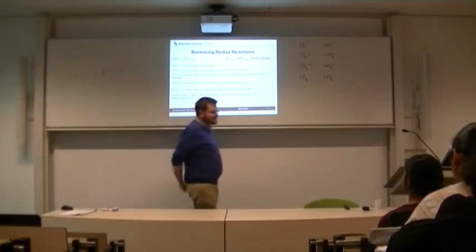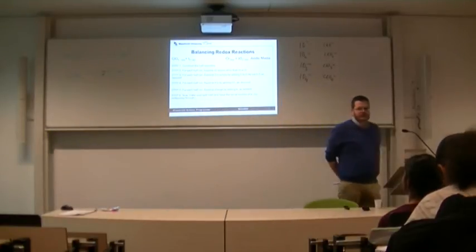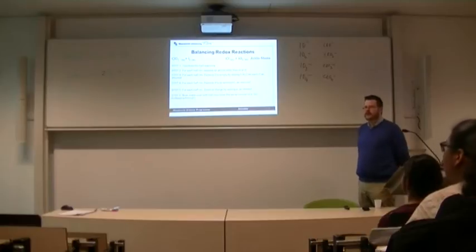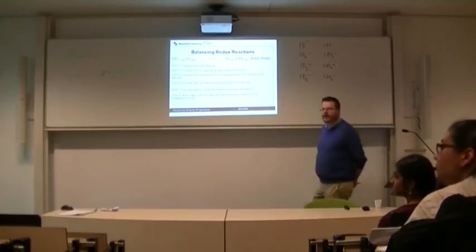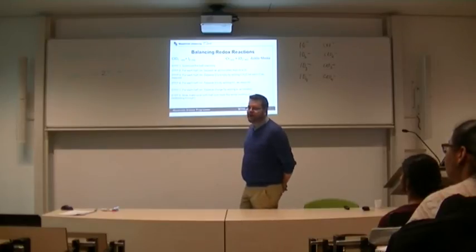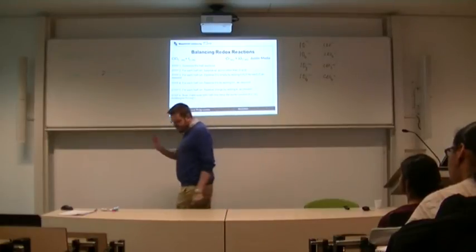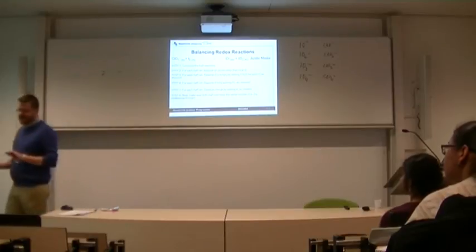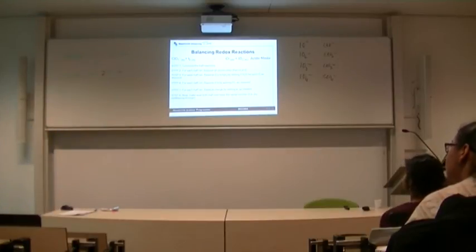All right. What's the next step? Add water. Okay. Why? In order to balance the oxygen. Correct. So we do that again. We're doing this 1 half reaction at a time. So just consider each half reaction.